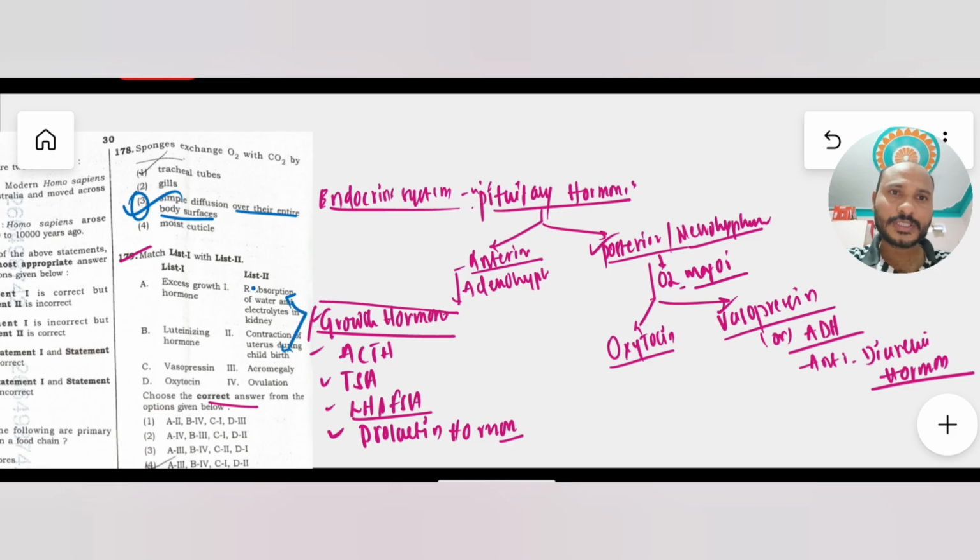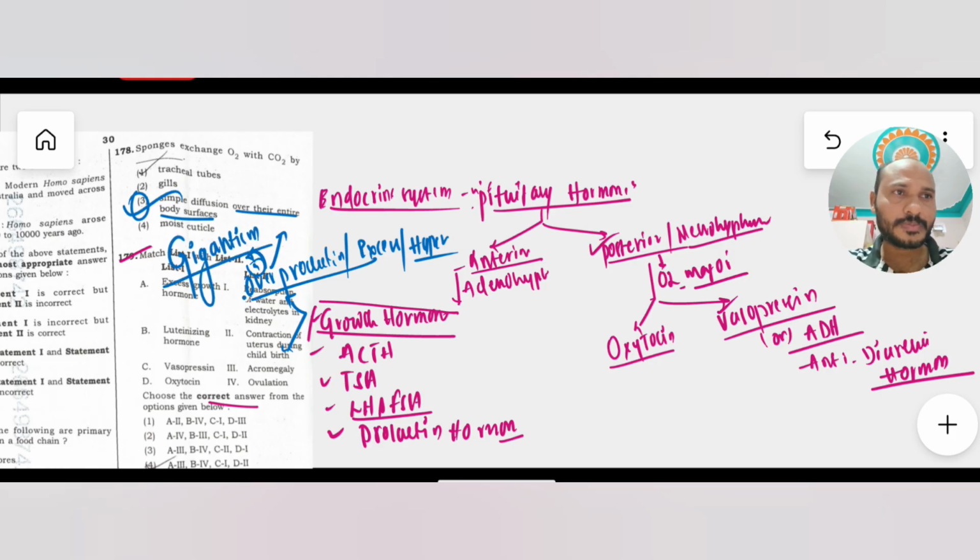If there is overproduction of growth hormone, meaning excess or hyperproduction, then it leads to a disease in adults and in children. For example, in children, overproduction of this growth hormone leads to a disease condition called gigantism. Very important.